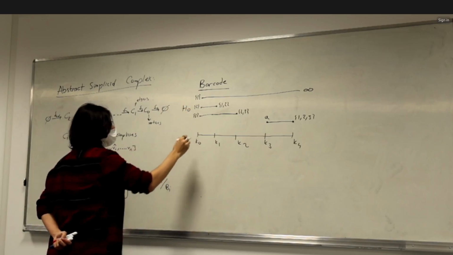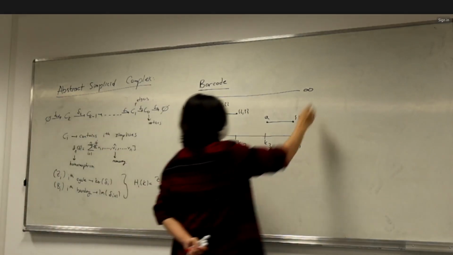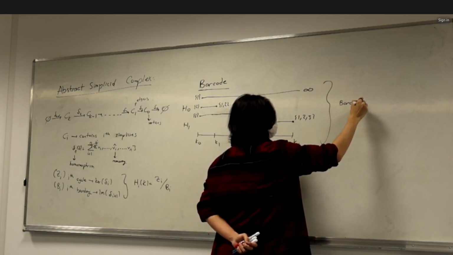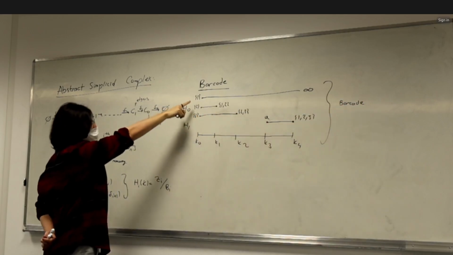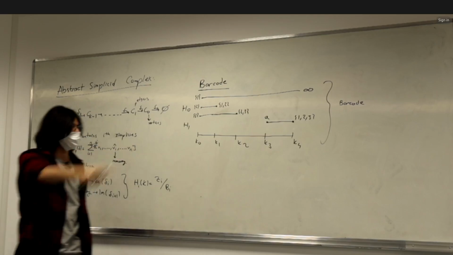These are H0 homologies. This is the H1 homology change. So this shape is called a barcode, where the beginning point denotes the birth of the homology and the end point denotes the death of a homology.